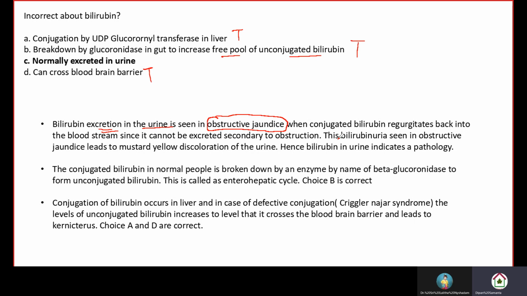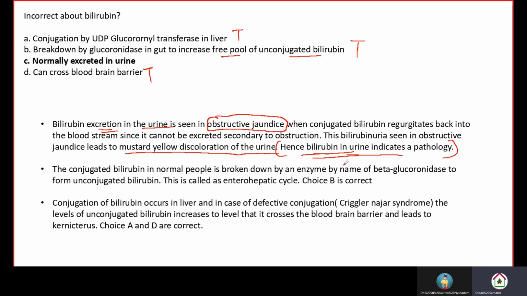So this bilirubinuria is seen in obstructive jaundice, leading to mustard yellow discoloration of the urine. Bilirubin in urine indicates pathology. It's abnormal, not a normal mechanism.